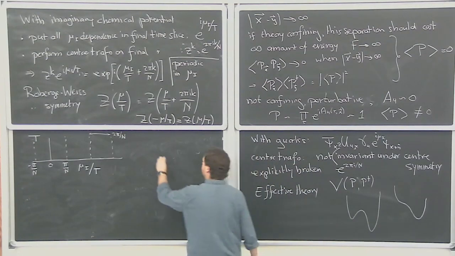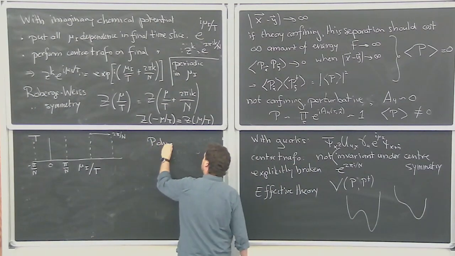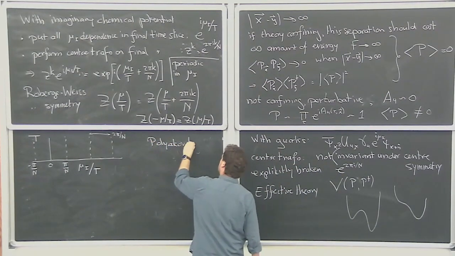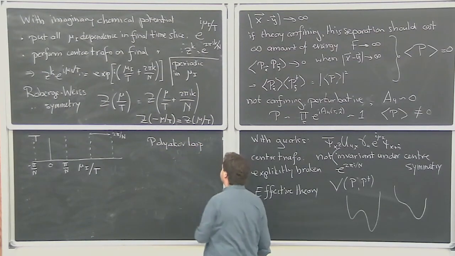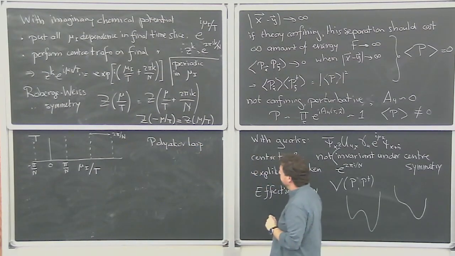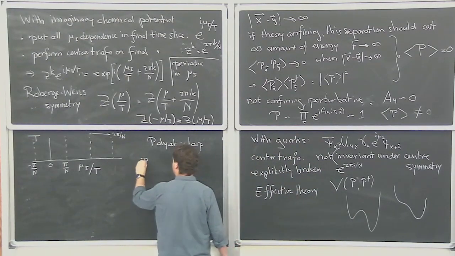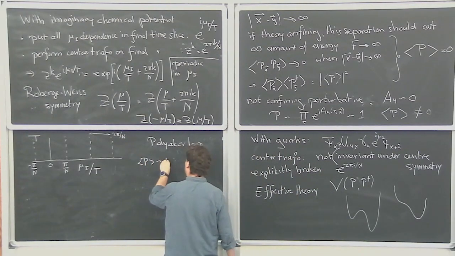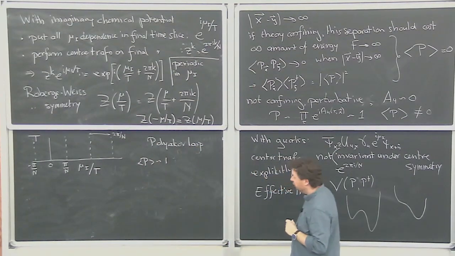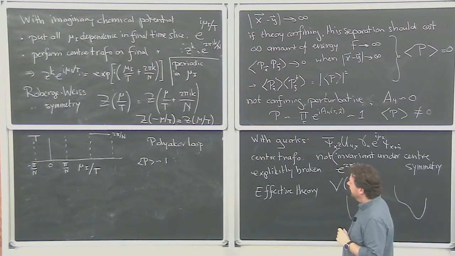Namely, if we go back to the Polyakov loop, let's say the expectation value of the Polyakov loop is 1. Suppose it's 1, so it's very high temperature, and we're in the deconfined phase.